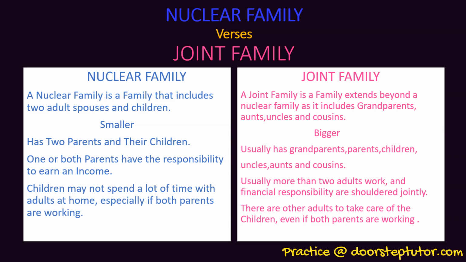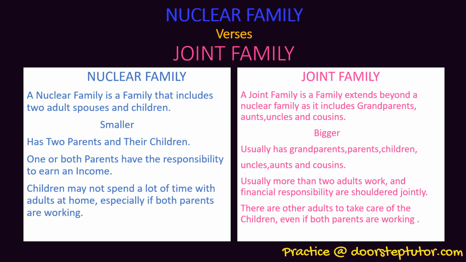Whereas a joint family extends beyond a nuclear family as it includes grandparents, aunts, uncles, and cousins. Means in a joint family, there will be more than two generations where there will be grandparents, nieces, uncles, aunts, relatives, kins, and others.